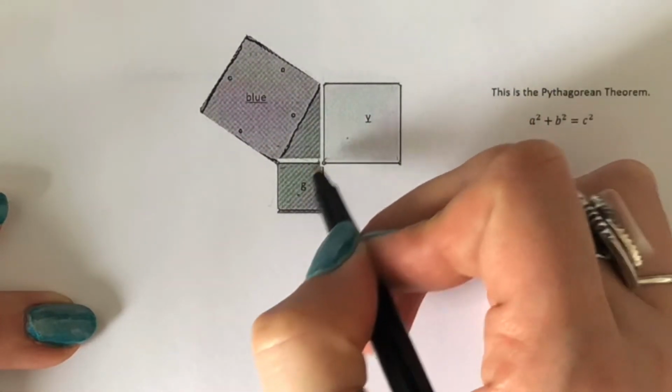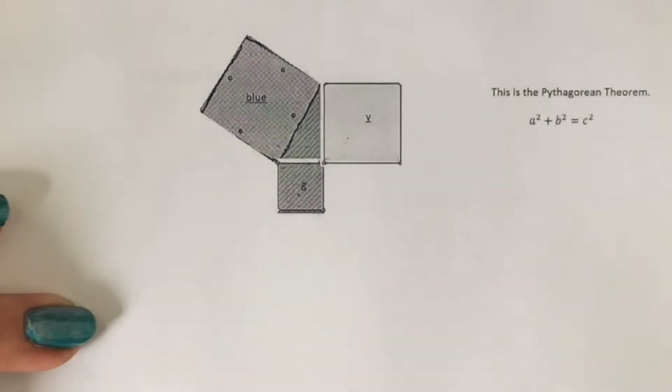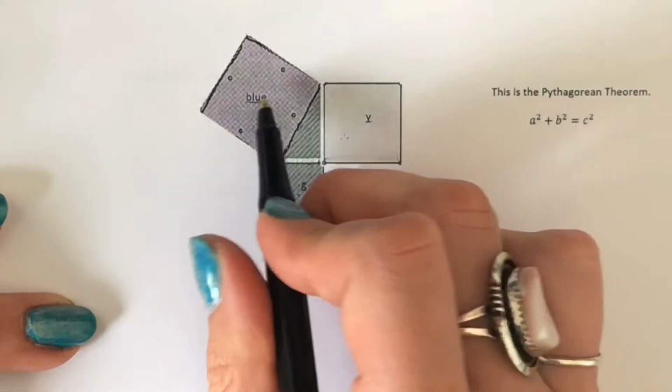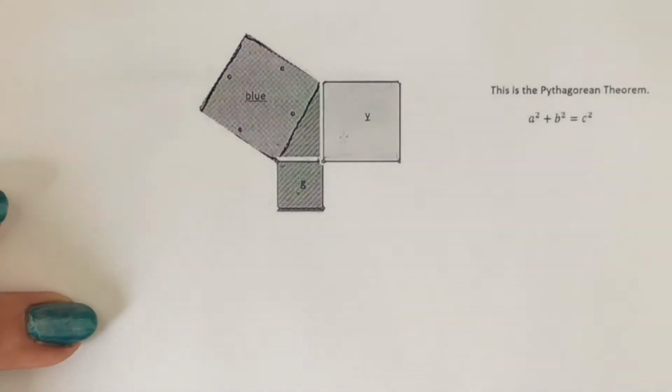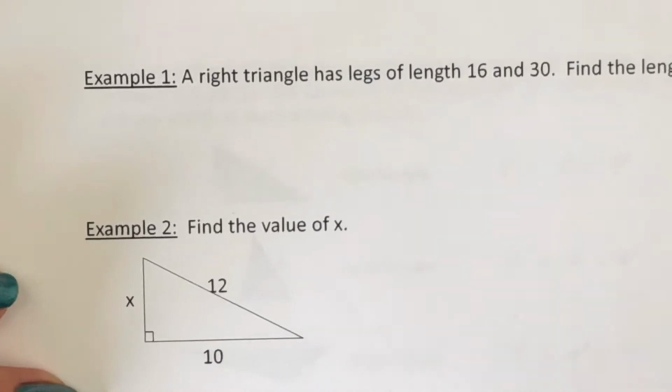If I add the areas of these two squares, it equals the area of that third square, the big square. So that's kind of a visual representation of the Pythagorean Theorem. So the two small squares, if I add them together, will equal that big square. So let's look at some examples. Let me zoom back out.